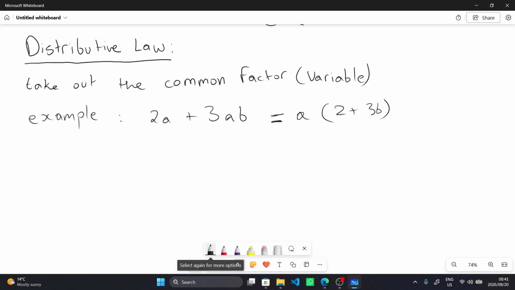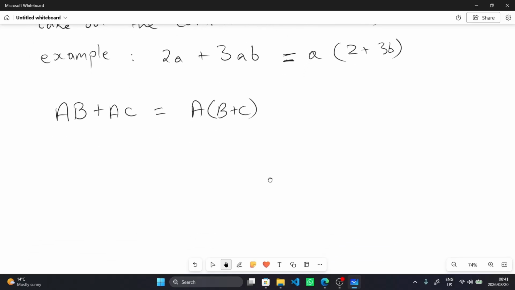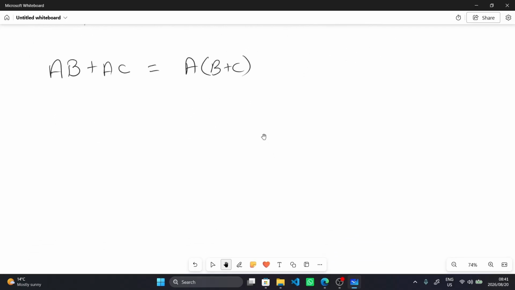For example, if you have something like AB plus AC, you can take out the common factor of A, and this also helps you reduce your logic diagram. If your logic diagram is big, it will help to reduce the size or use fewer logic gates.